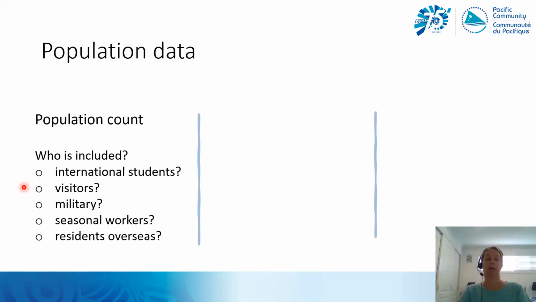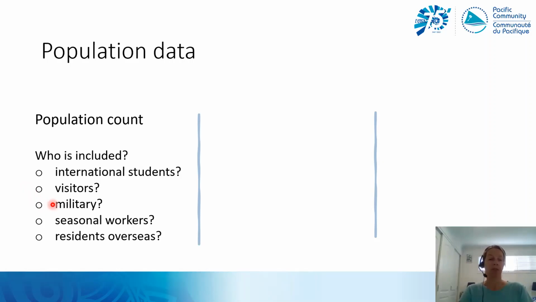Visitors. Typically you would think, well, they're not counted in our population, but maybe there are instances where it's useful to include them. For instance, if you're planning how many masks we need for the COVID pandemic, you would want an idea of the volume of visitors, because you may also need to supply to them.